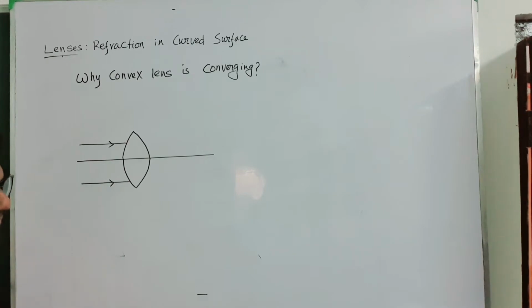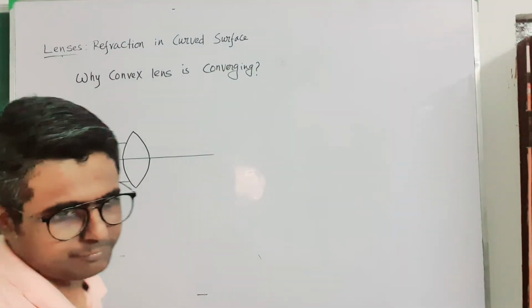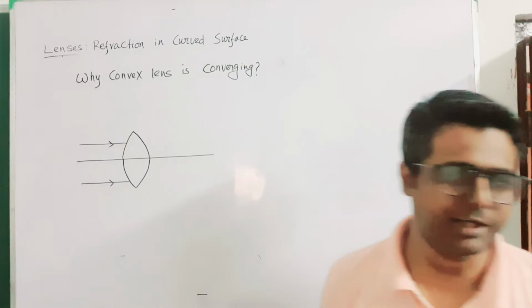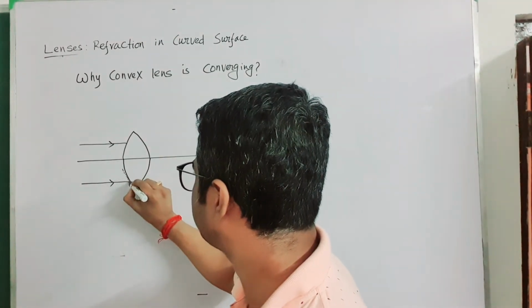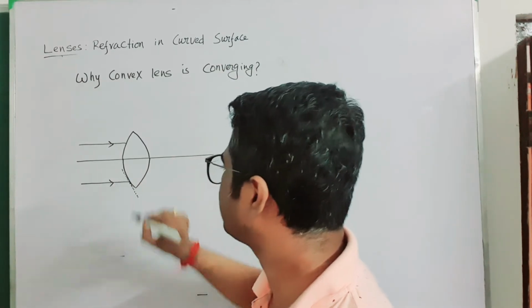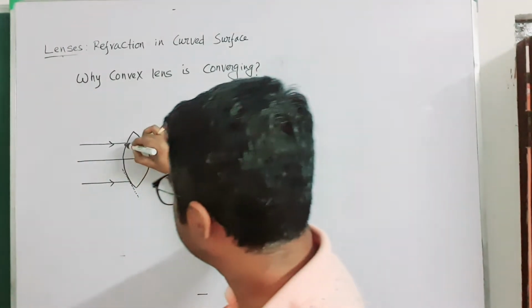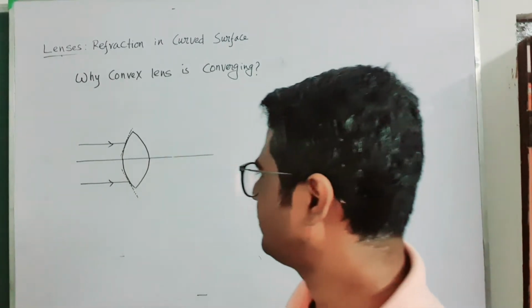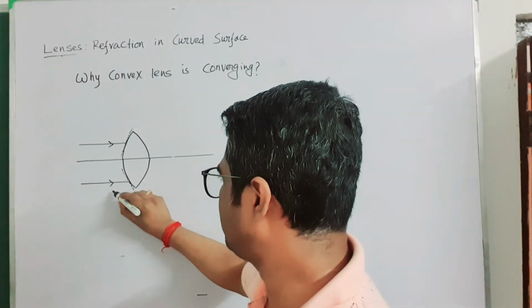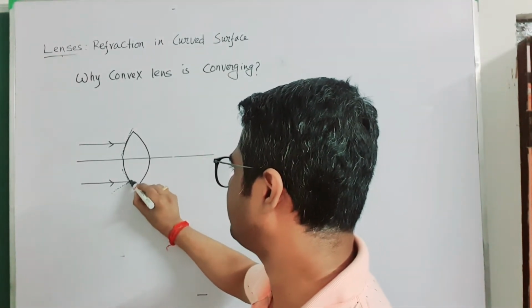Incident light. So previously in case of refraction in plane surfaces, we used to draw a normal, which was perpendicular to the surface. At this moment we do not have any plane surface, what we have is a curved surface. So in this spherical surface, we have to draw a tangent. Similarly over here also, a tangent is drawn. With respect to this tangent, I will draw a normal.